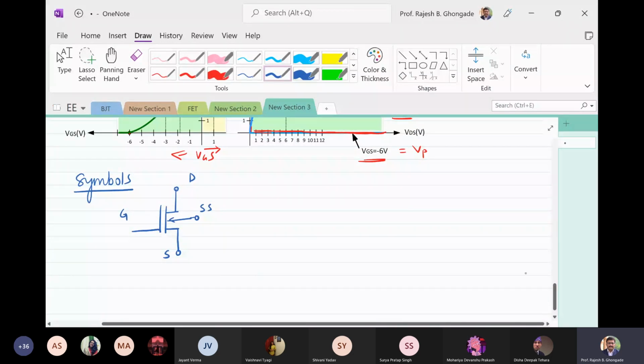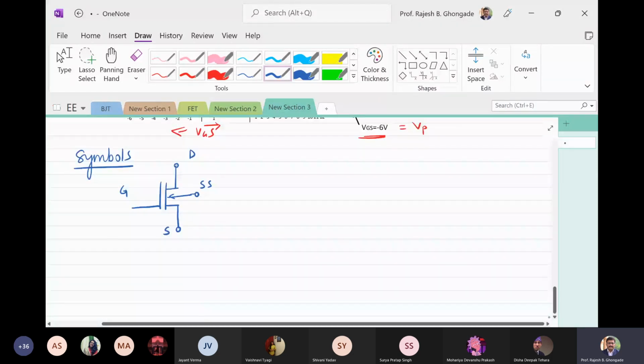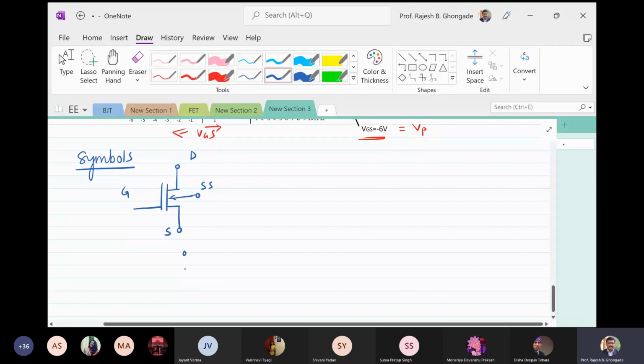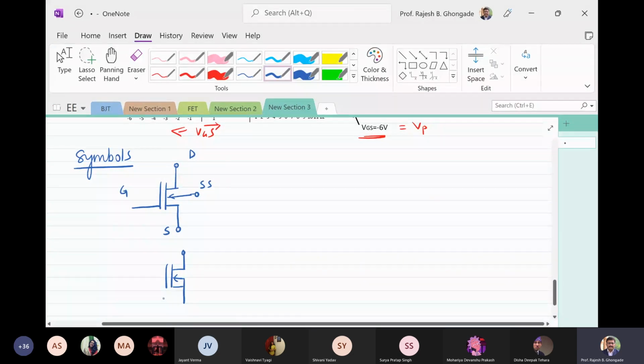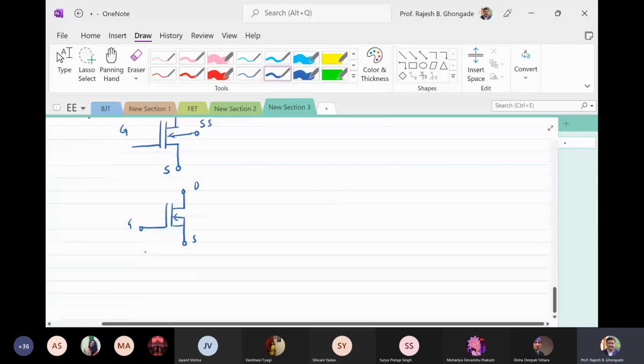This is for the N channel. I will draw another alternate symbol for the N channel. When we have a three terminal device, you have the gate, drain and source. So this is the N channel device.